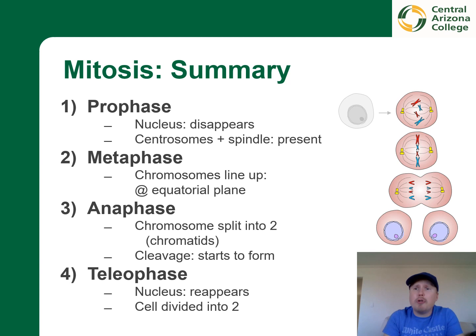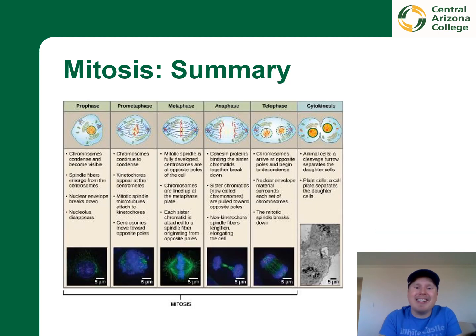Please make sure to know what happens in each of these stages as the cell division process progresses through the mitosis. And there are many just as good summaries available if you feel that seeing it in a different format would help. And I think that I will be posting this to your study materials in case you want to have a closer look.